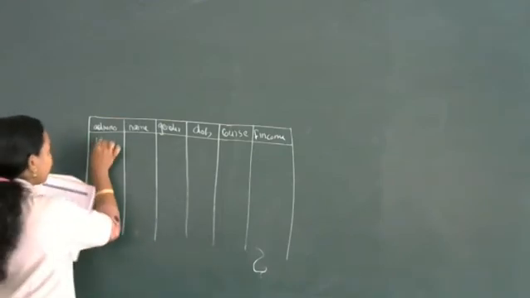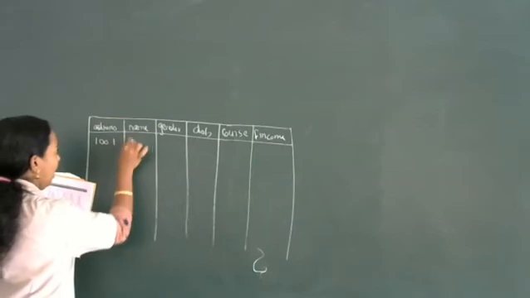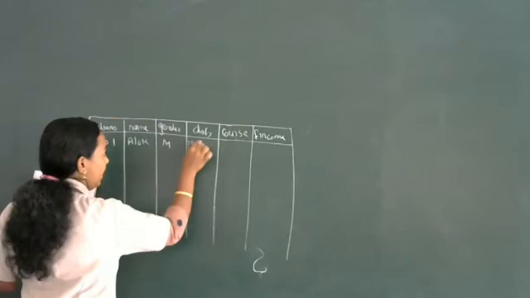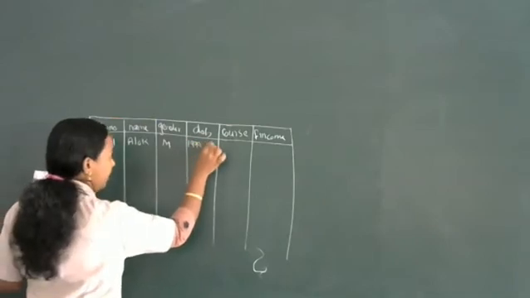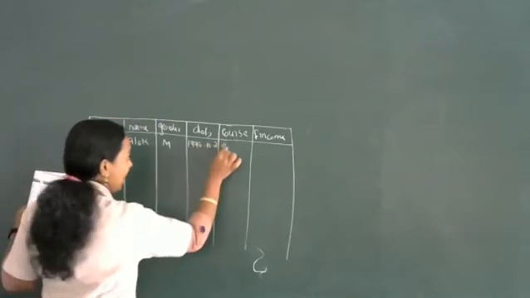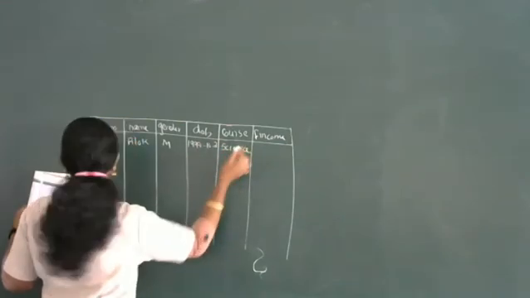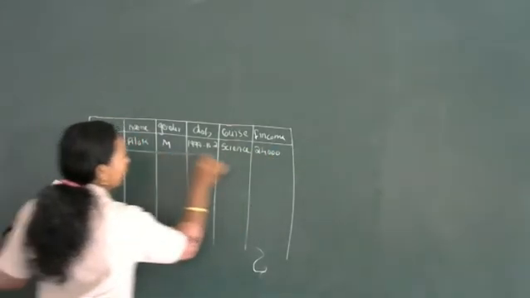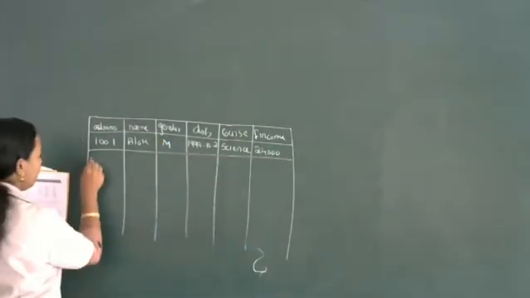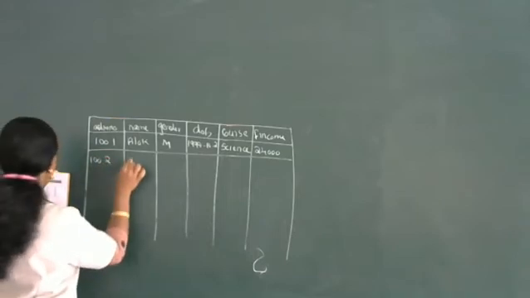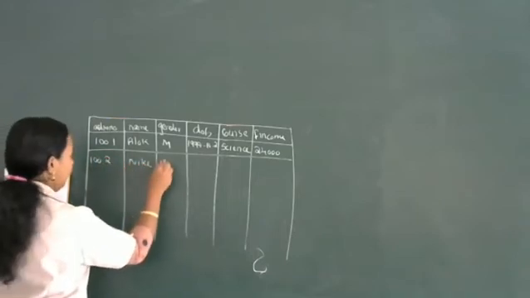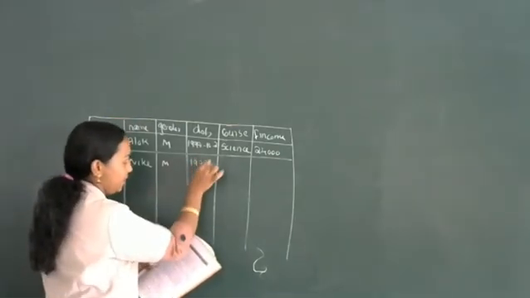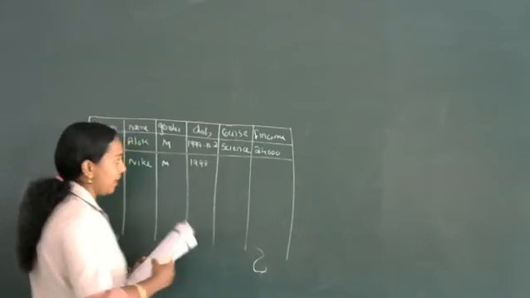First row: 1001, Alok, male, 1998, Science, 24,000. Second row: 1002, Nikki, male, 1998. Full date of birth I am not going to write.